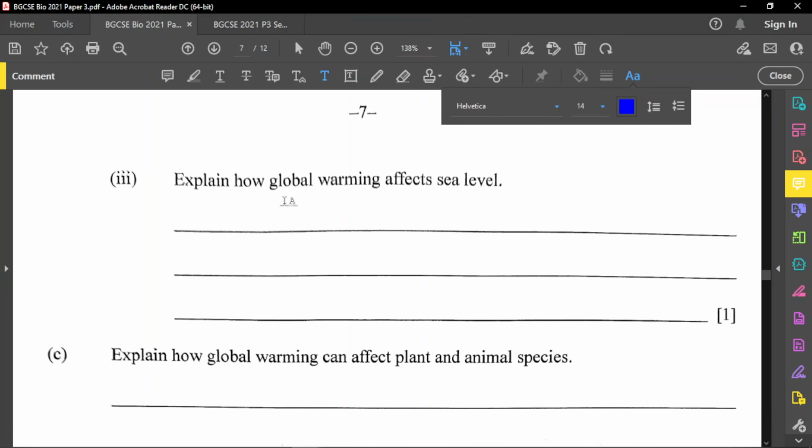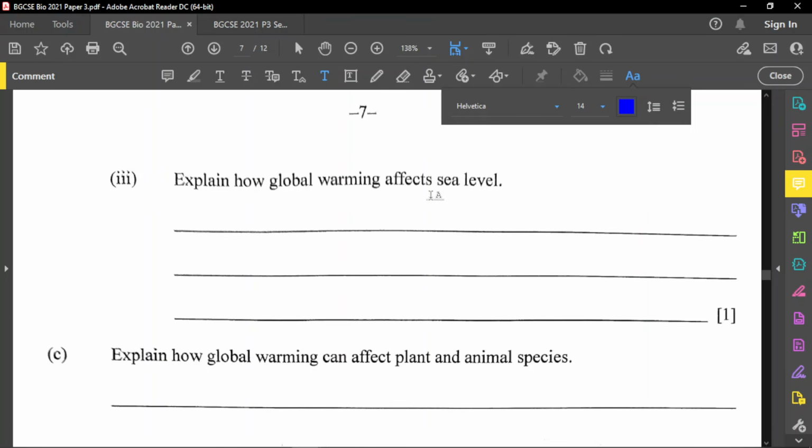All right, explain how global warming affects sea level, and this is just a 1 mark question. If the Earth is becoming warmer, the heat energy will melt ice caps.